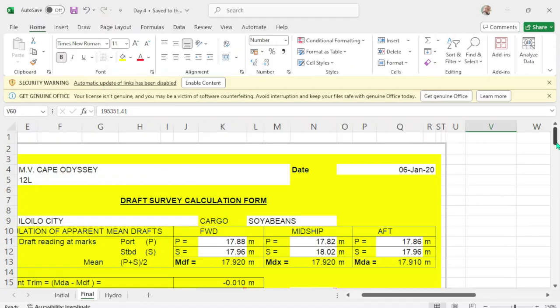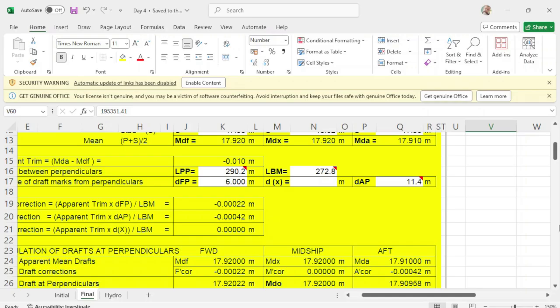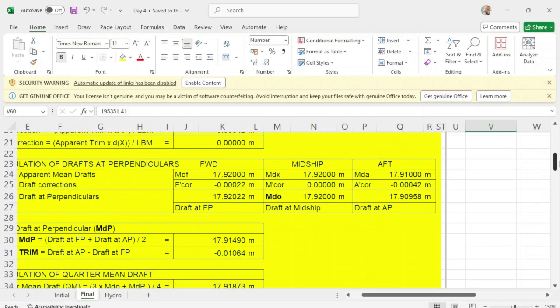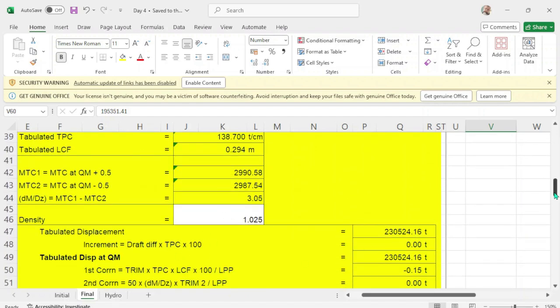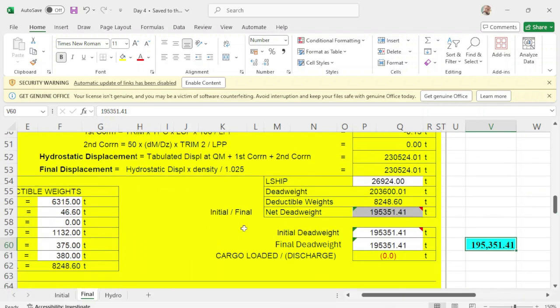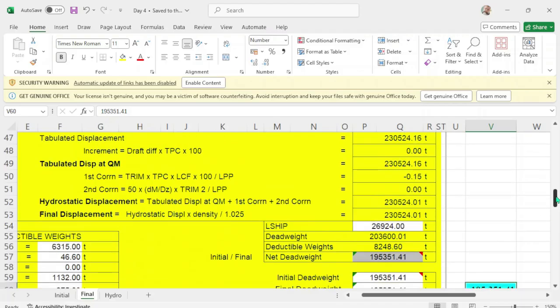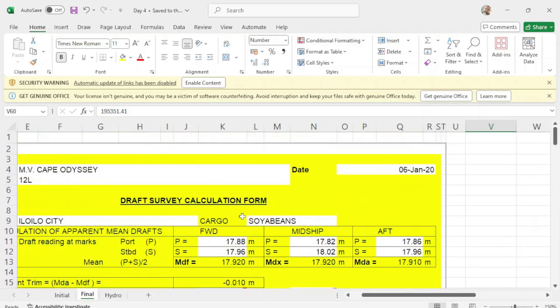The formulas within the draft survey are untouched, I mean, it's not used, it's still intact. So you can use this program all over again for as many draft surveys as you make.